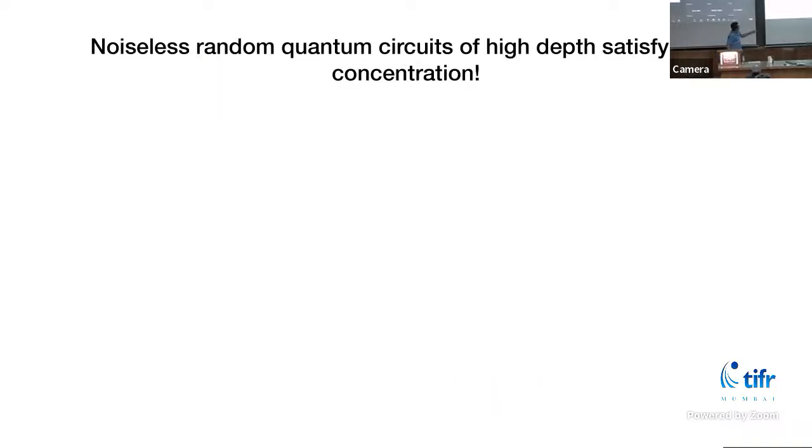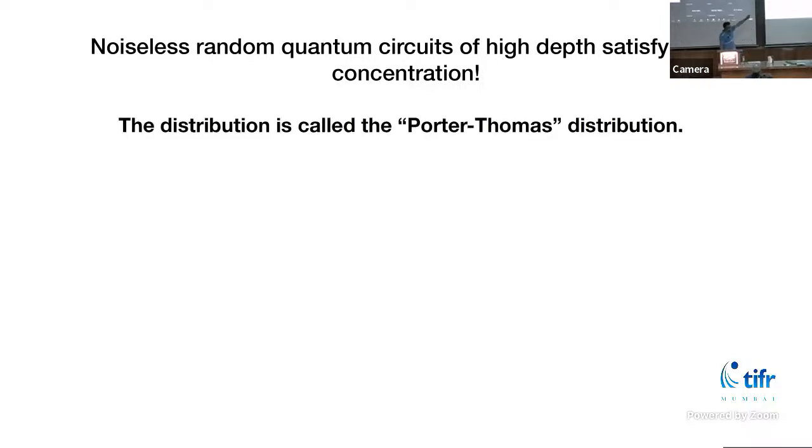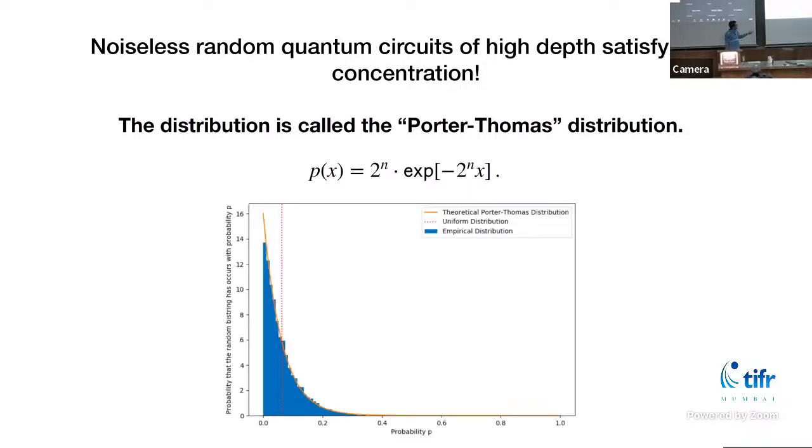Okay. And what we can say is that noiseless random circuits of high depth satisfy this flatness property. Most probabilities for these circuits are sufficiently large. And their distribution is called something like the Porter-Thomas distribution. And the look of it is something like this. So 1 over 2 to the n is this, this is the flat distribution.